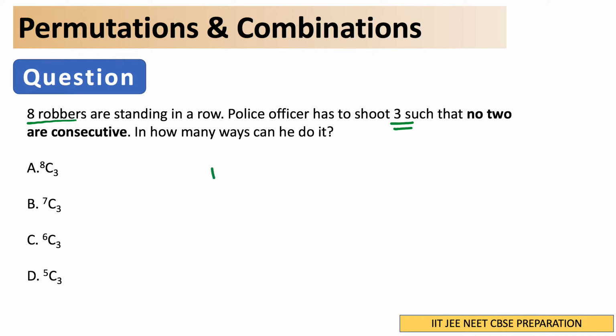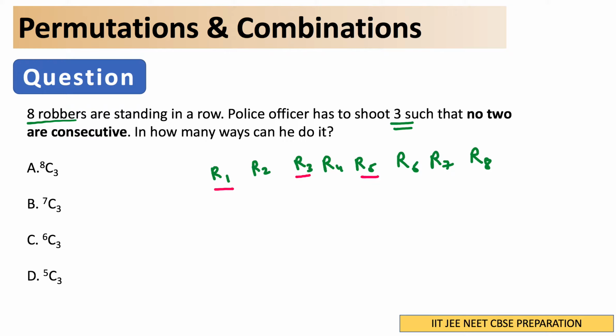So what he is saying is, this is robber 1, robber 2, 3, 4, 5, 6, 7 and 8. When he's selecting which robbers to shoot, an example is that he can select R1, R3 and R5.